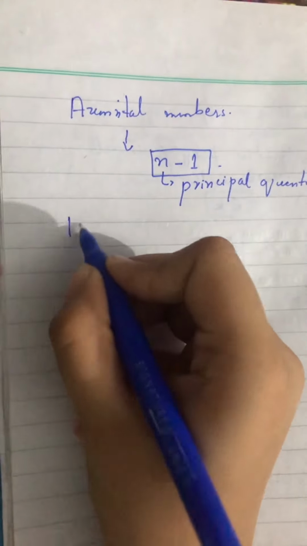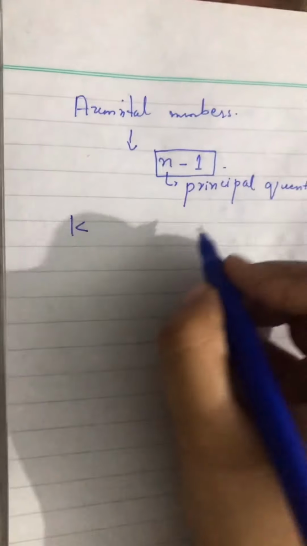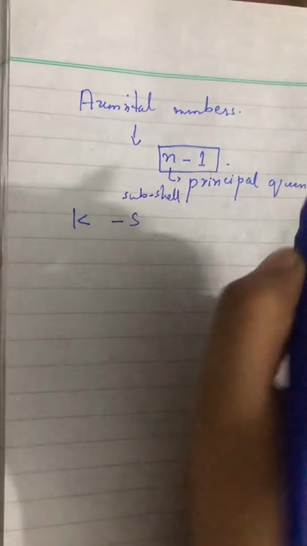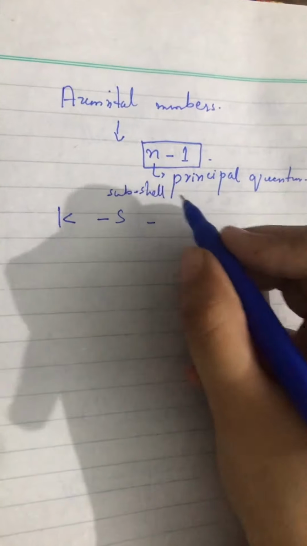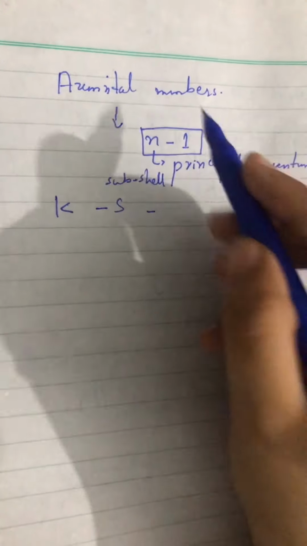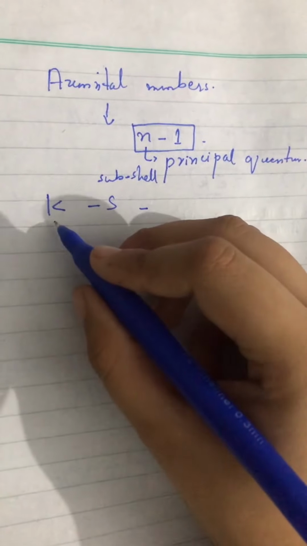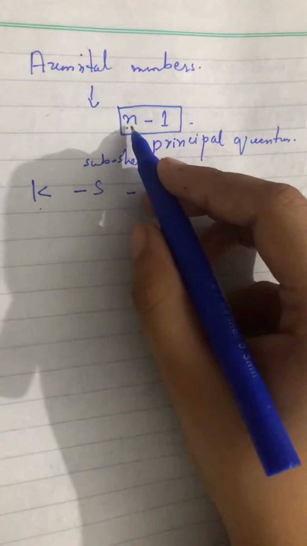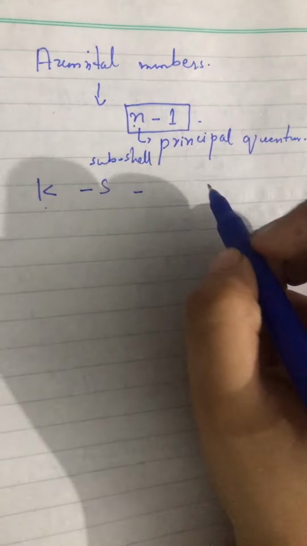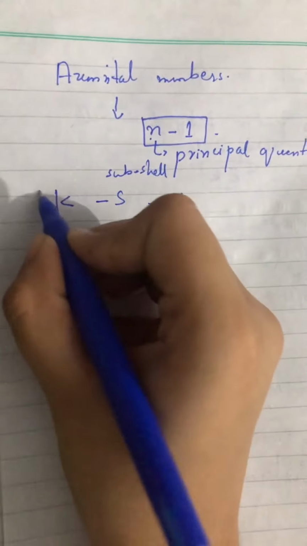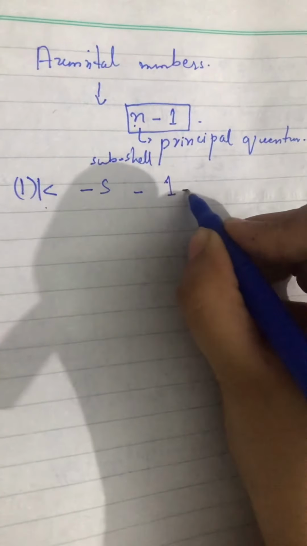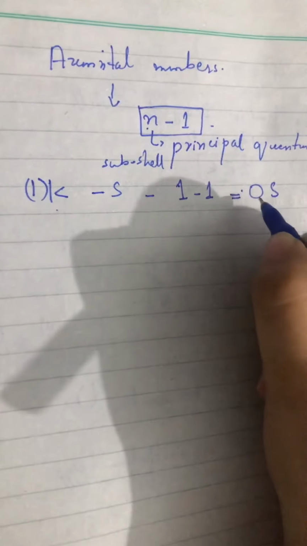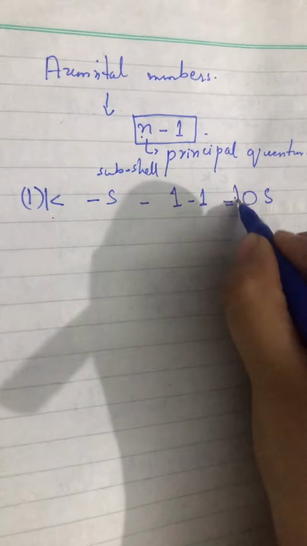Here if we take K, the subshell in K is S. We are finding azimuthal numbers of subshells, not shells. K is number 1, so it will be 1 minus 1, that is equal to 0. So the azimuthal number of S is 0.